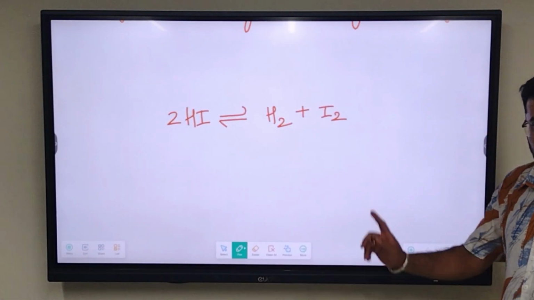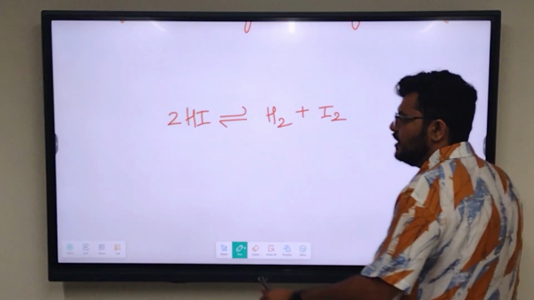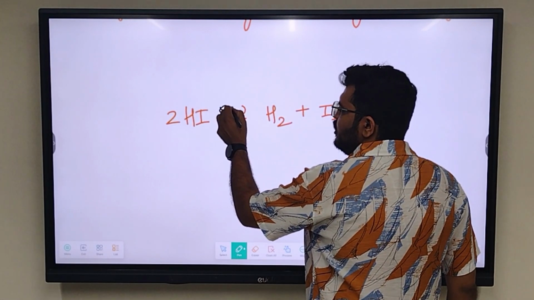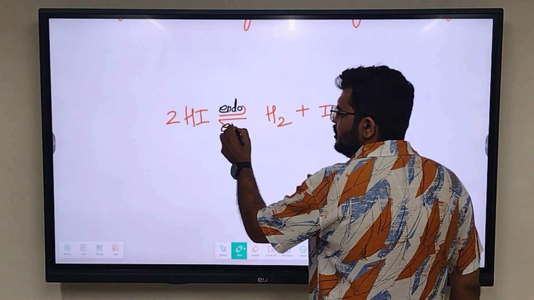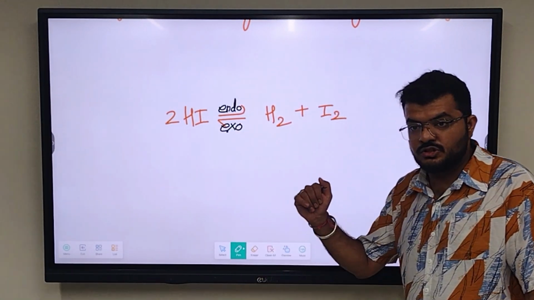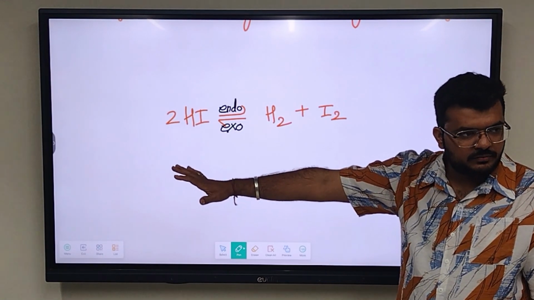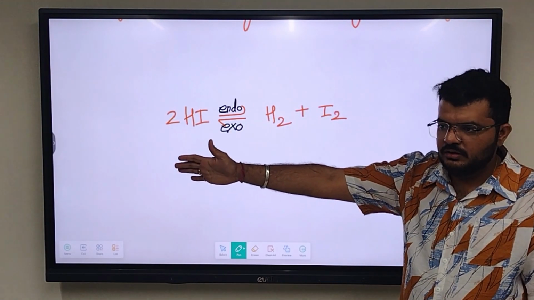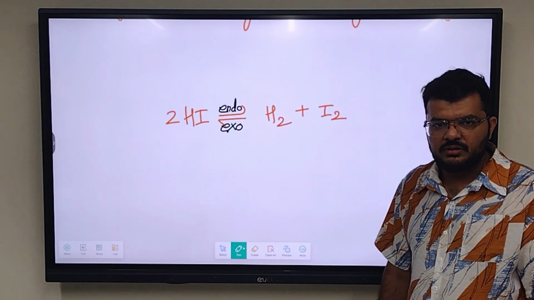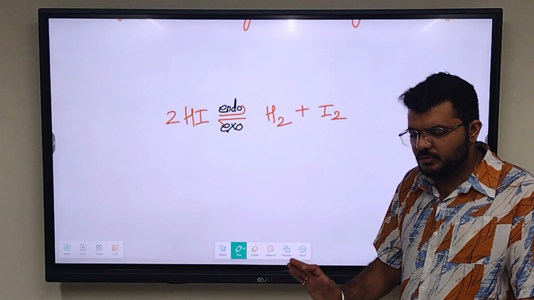Is this understandable? Because I am heating it, only this decomposes then. So this is an endothermic reaction and if it has to be a reverse reaction, it has to be an exothermic reaction. Only then I will call it a reversible reaction. है ना? यहाँ तक everybody with me?